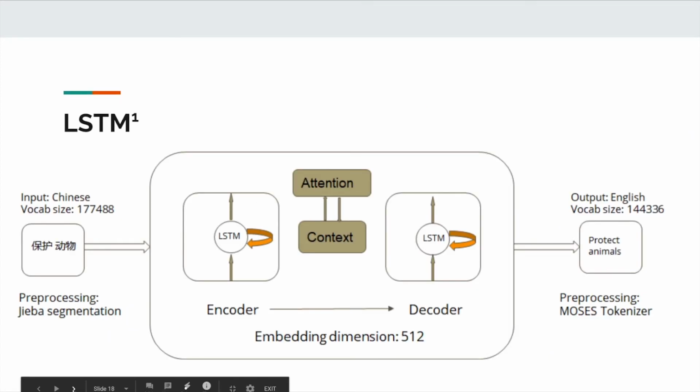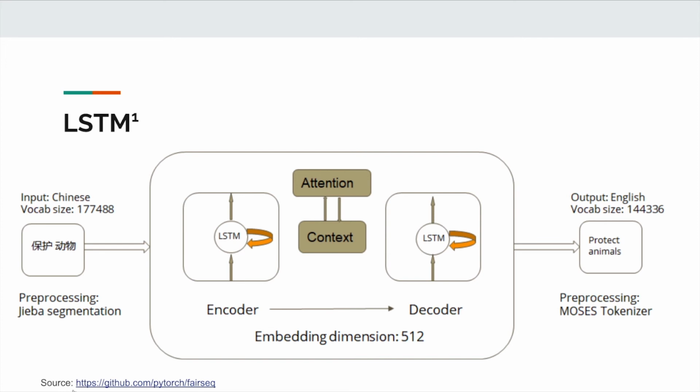Hi, this is Hannah. Now that Ben has introduced what we can get by using GRU, I'm going to talk about the result we got using the LSTM model with attention layer developed by Facebook AI Research Group and published in the FAIR-seq library.